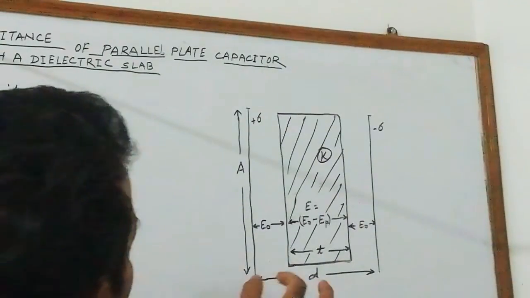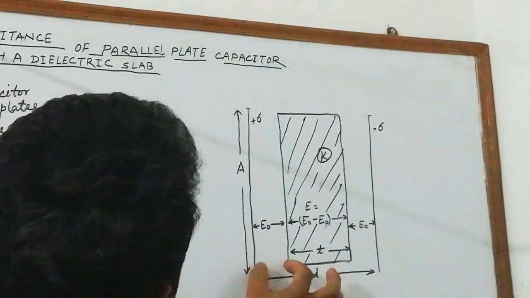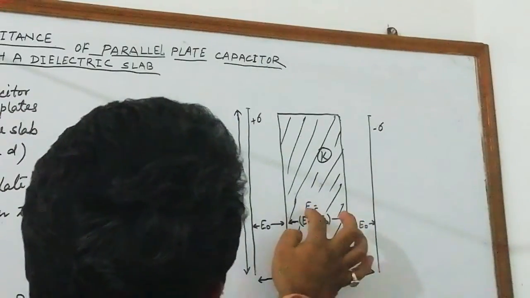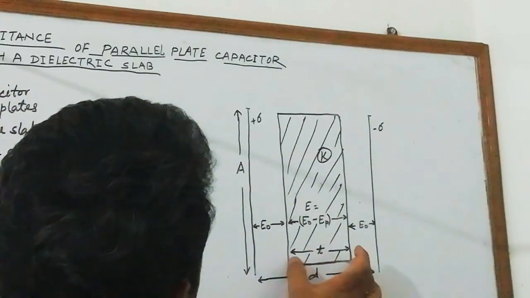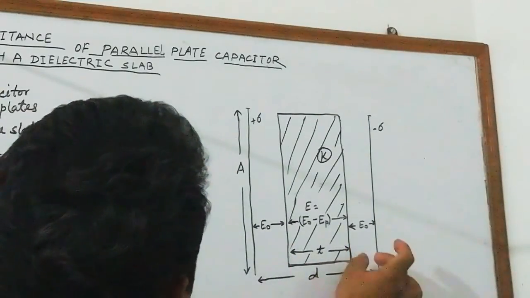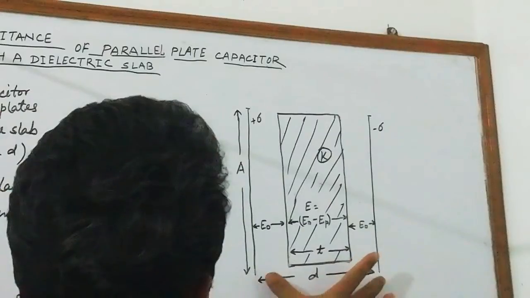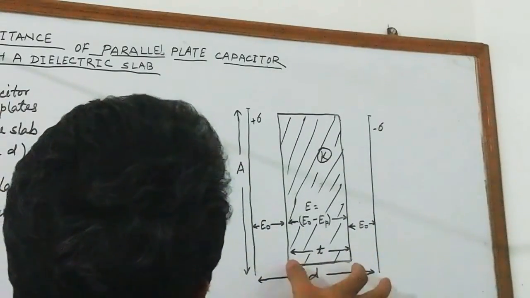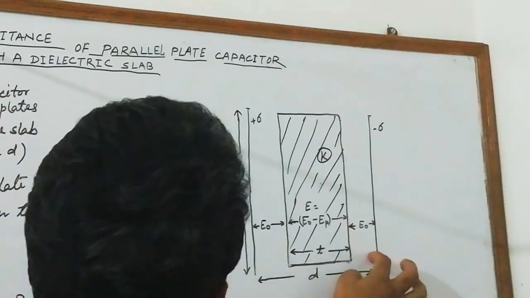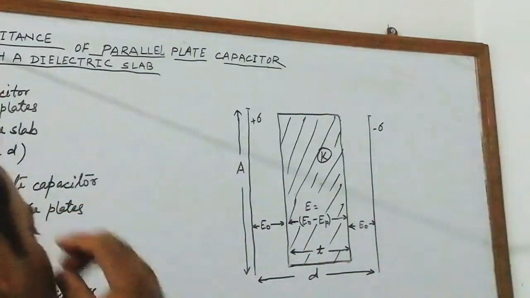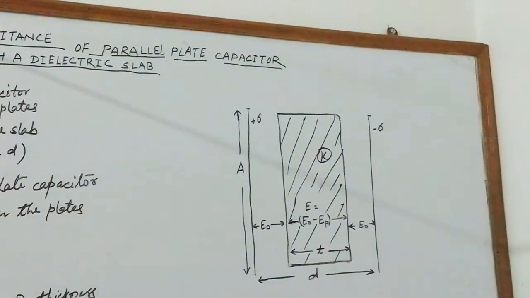Now this E naught electric field will exist over this region and this region, whereas the electric field E will exist over the thickness t. So what are these two regions? The whole separation is d and this is t. So this and this combined together will be the thickness d minus t.